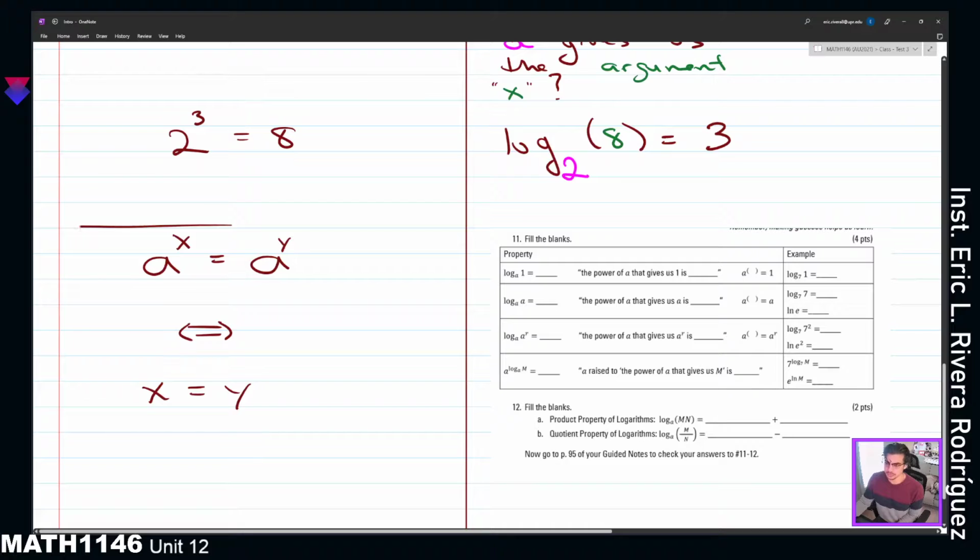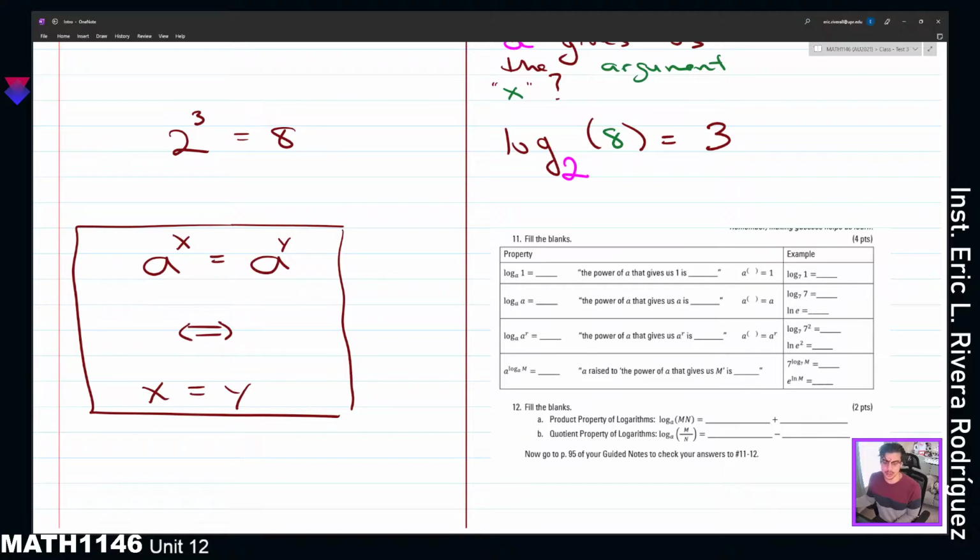This is a property that we use to solve equations in unit 10, when we first find a common base between both sides of the exponential equation and then use this property to conclude that the exponents are equal.